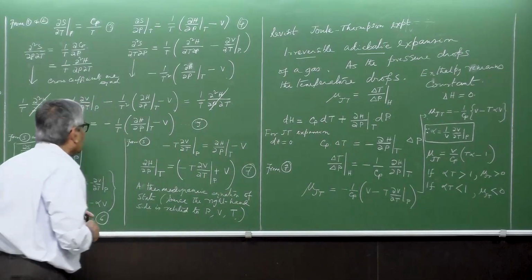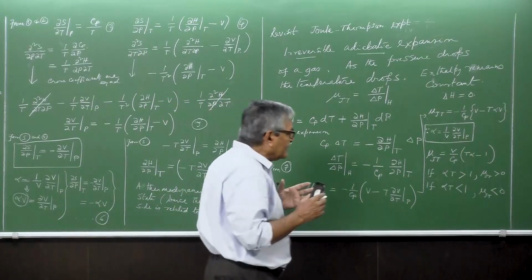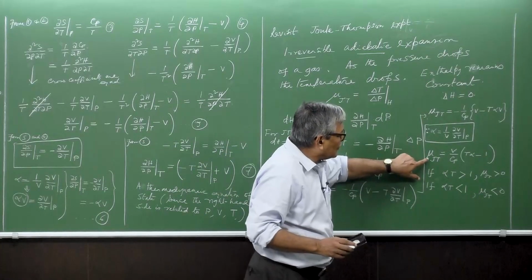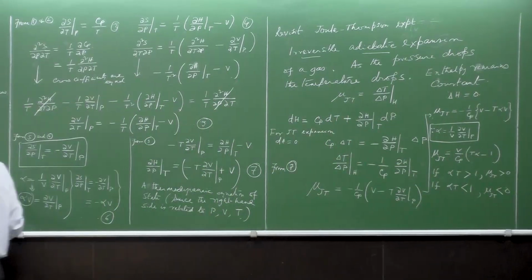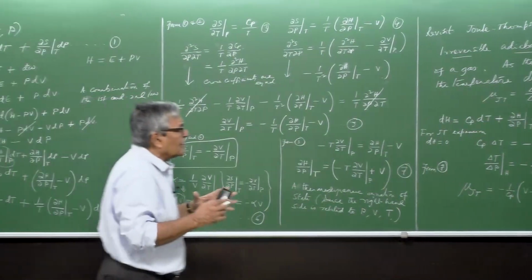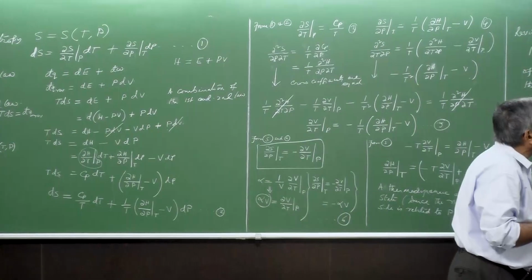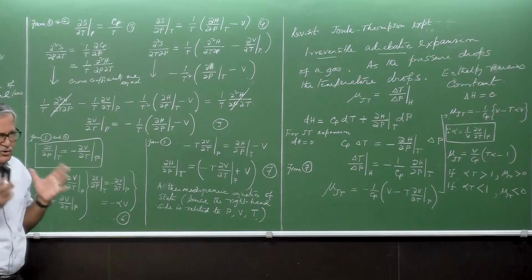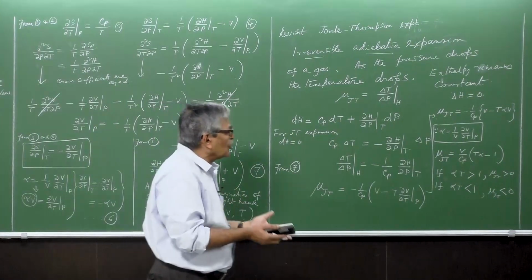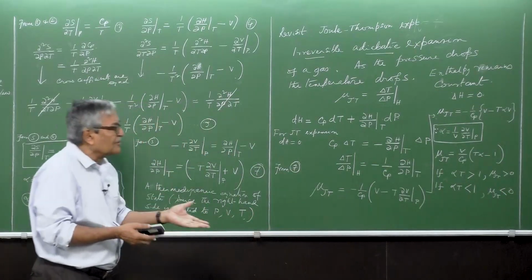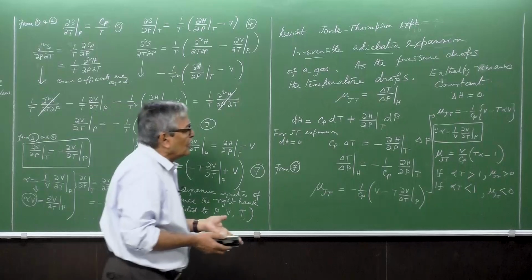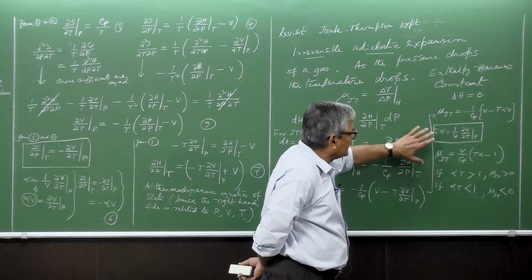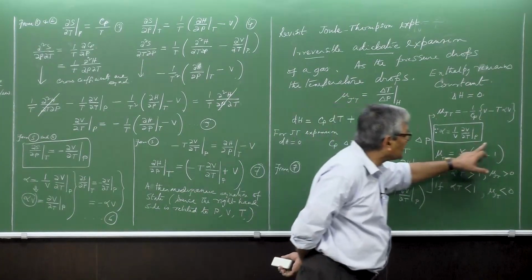Whatever we do in thermodynamics, the final goal is to establish certain relations between properties. And you see that we started from the combination of the first law and the second law, and we worked out a typical process. We considered a typical irreversible adiabatic expansion where the enthalpy remains constant, and we find that there is a drop in temperature because we change the pressure of the gas to a very low value. So we can establish a relation between this coefficient and other properties of the system.